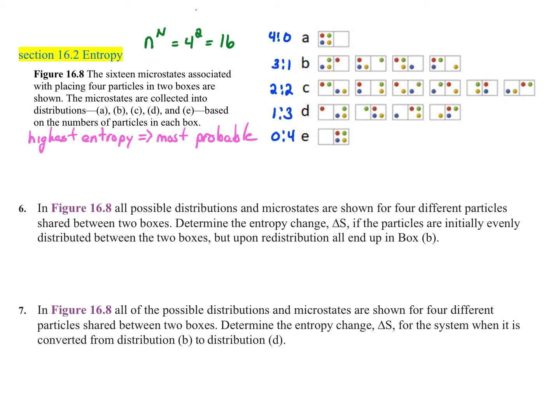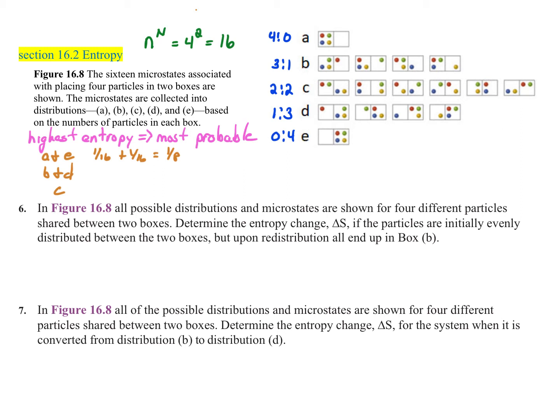The highest entropy corresponds to the most probable distribution. So we'll look at A and E. We have a 1/16 plus a 1/16. So this corresponds to 1/8 of our distributions.